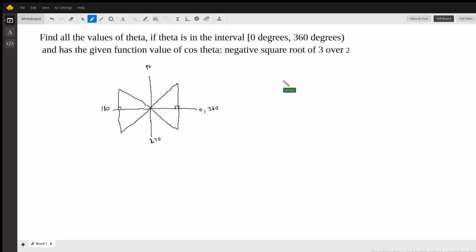Now we know that from SOHCAHTOA, the cosine of an angle, so the cosine of theta, is going to be adjacent over hypotenuse. And you can see here the adjacent coordinate, the x-coordinate here, would be positive, whereas the x-coordinate here would be negative.